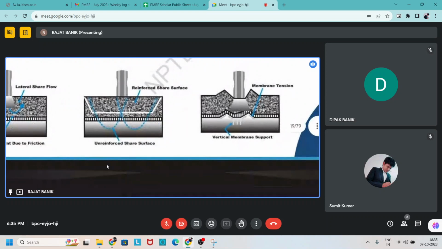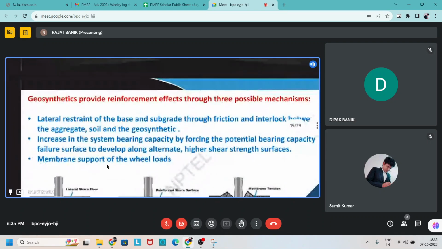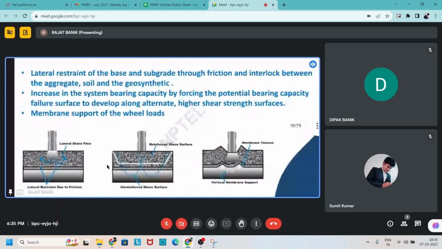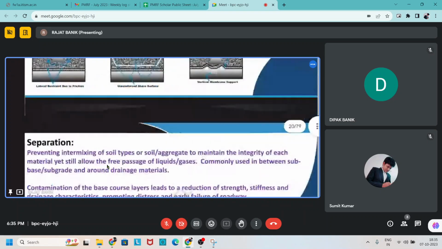And also as a vertical membrane, we can use this geosynthetic material to support wheel loads. So these are the three different mechanisms by which geosynthetic is mostly used as a reinforcement.